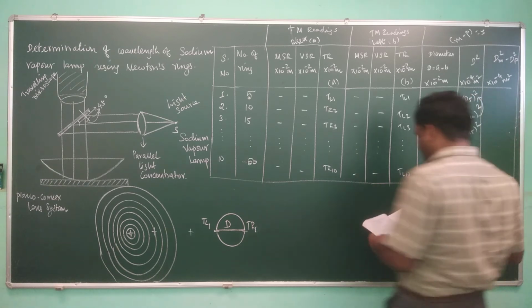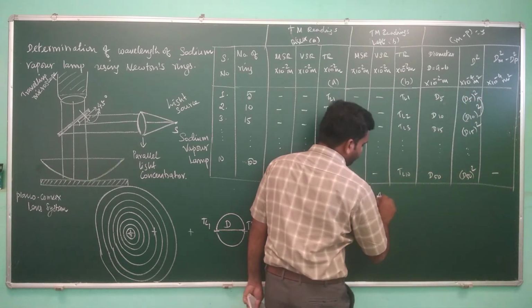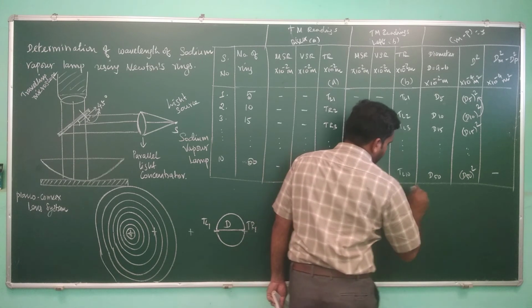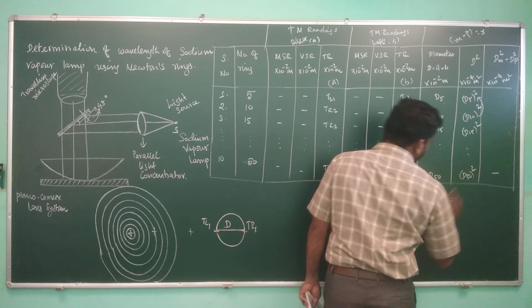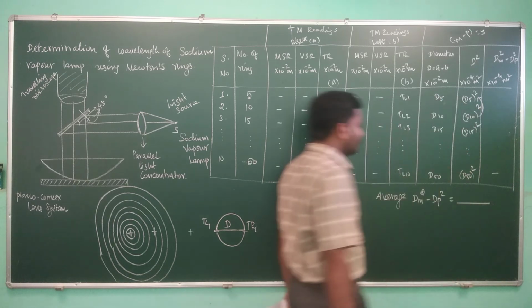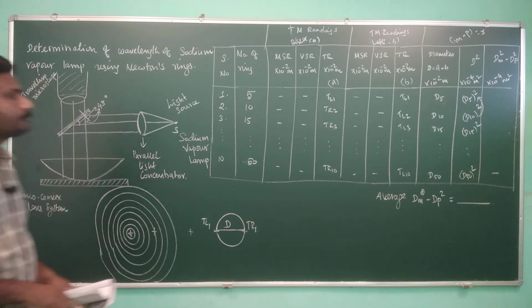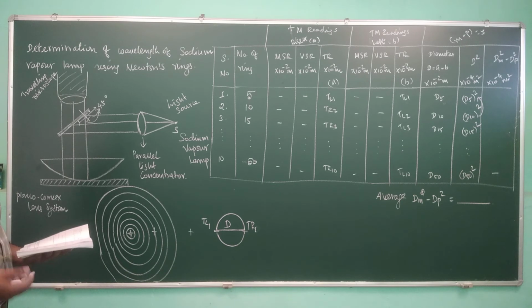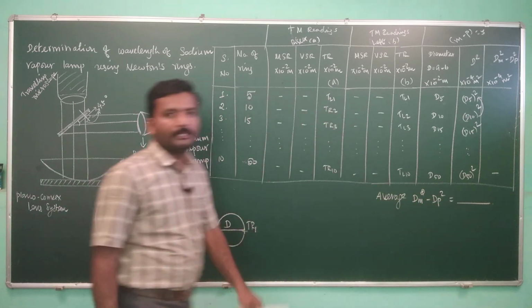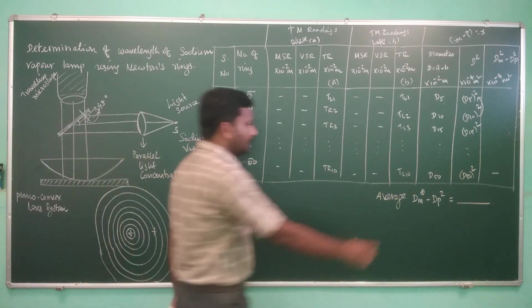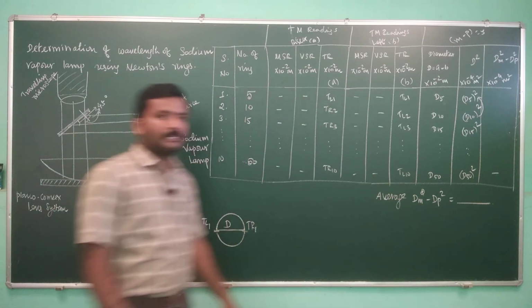Let's take the average of Dm square minus Dp square. That will give you the difference in the diameter of the 5 rings. These readings will give you the difference in the diameter of 5 rings.